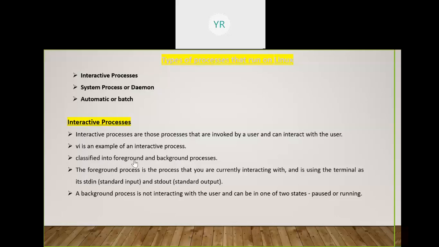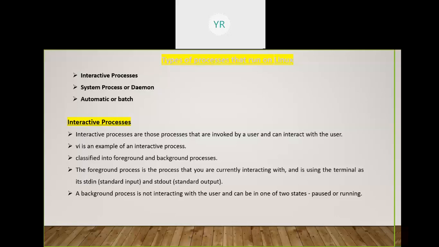A foreground process is the process that you are currently interacting with, using the terminal as its stdin. Stdin means standard input, stdout means standard output. When you are currently interacting with the command, it takes the input as well as gives the output. Suppose you execute an ls command.